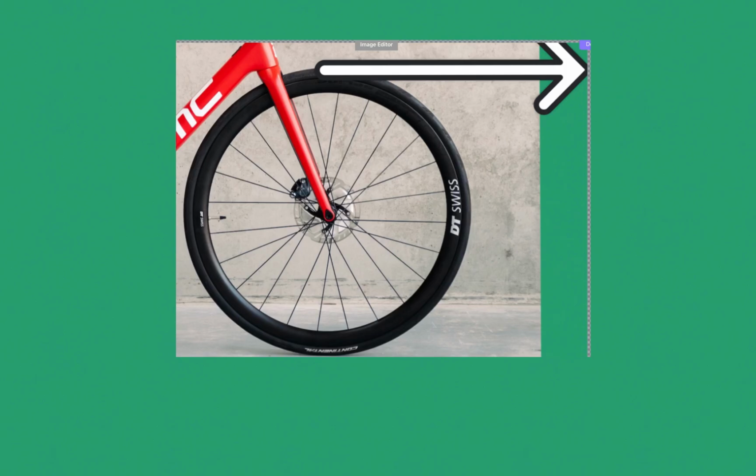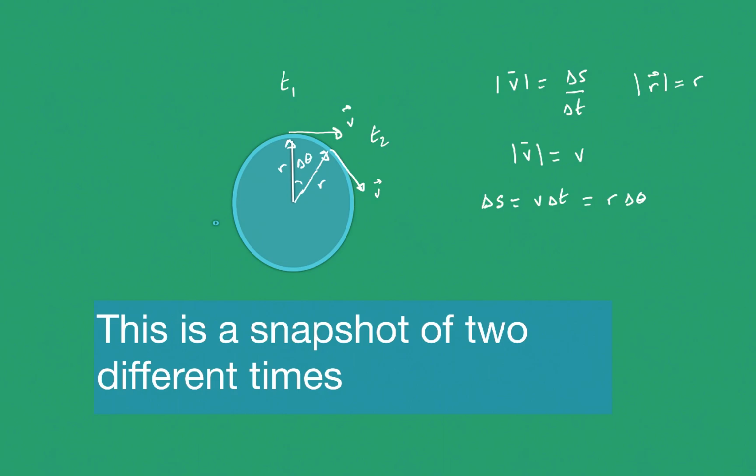Motion where the magnitude of the velocity doesn't change, but of course if it's a circular motion, the direction of the velocity is continuously changing. Now we are seeing a snapshot of the object rotating in a circular motion at two different times.